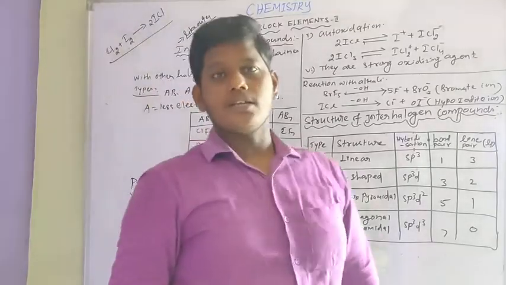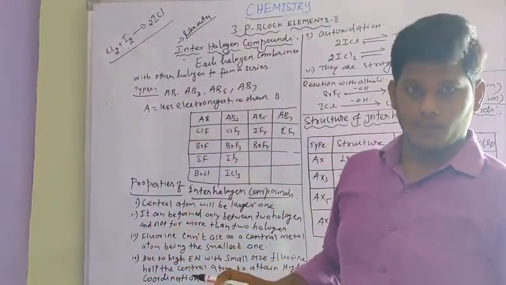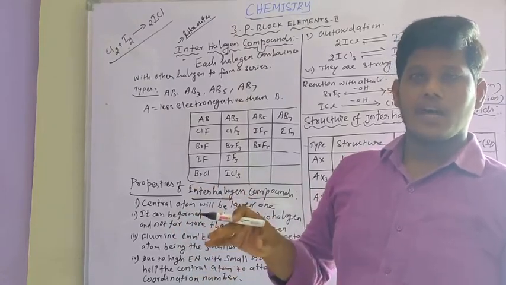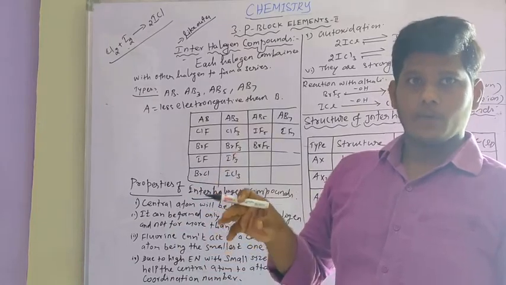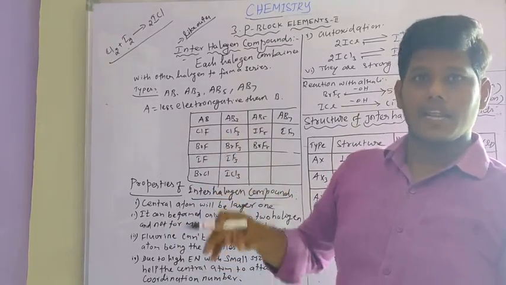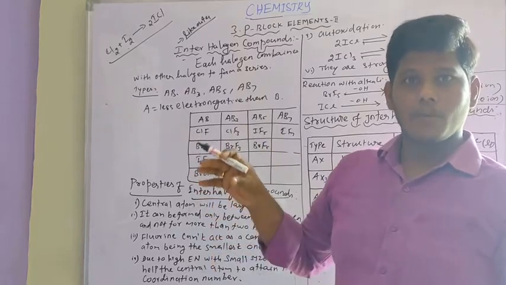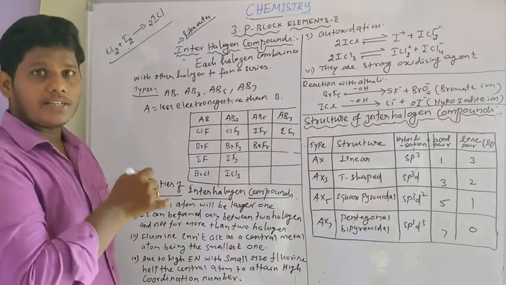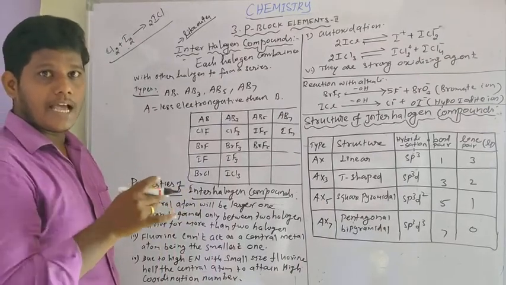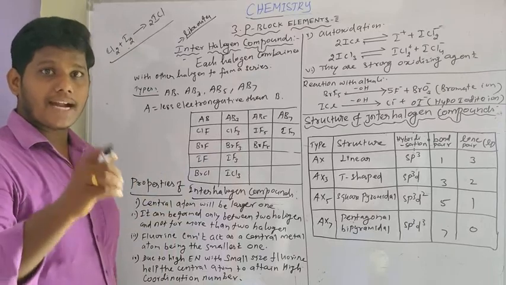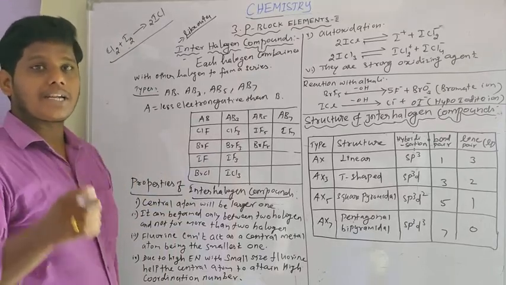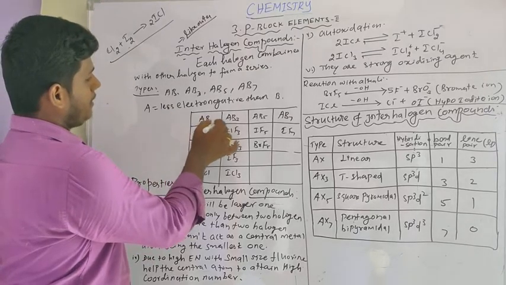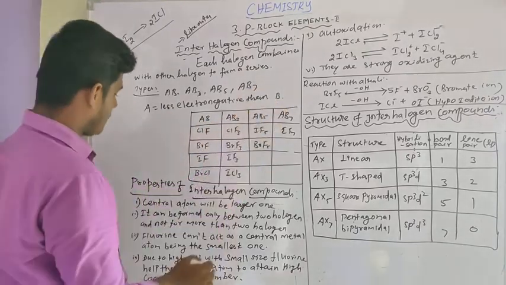Okay. So next, some properties of interhalogen compounds. What main properties are present? First of all, in the structure of an interhalogen compound, one atom acts as the central atom, and the surrounding atoms are bonded to it. The central atom is the less electronegative atom, in AB, AB3, AB5, AB7.